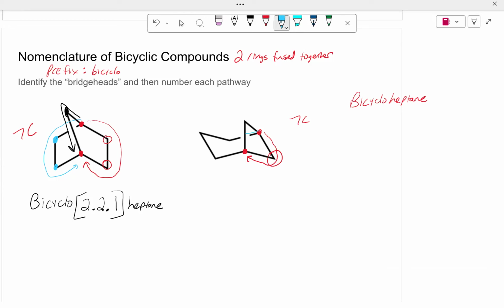I'm going to start here, go there, there's one carbon, go here, there's a second carbon, go here, there's a third, and then I get to the other bridgehead. And then for the last pathway, I go this direction, there's a carbon right there, and then I hit the bridgehead. So I have 3, 1, and 1. And so the name for this bicycloheptane would be, there's my brackets, 3.1.1 heptane.